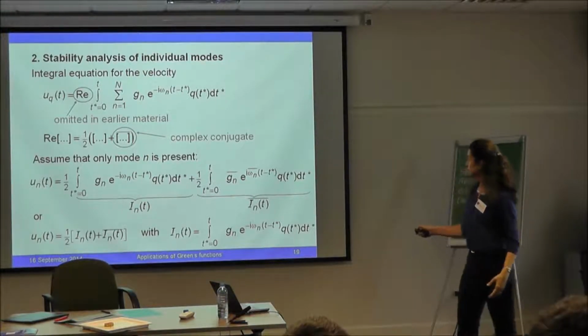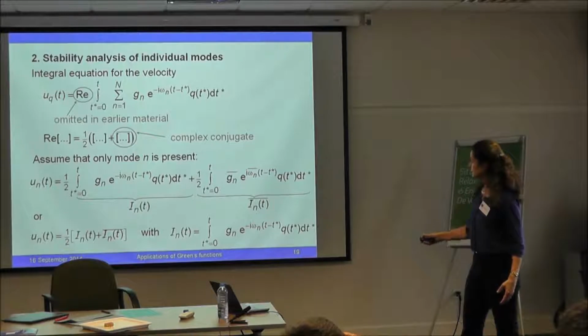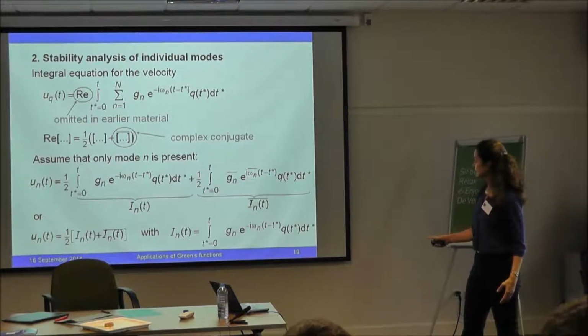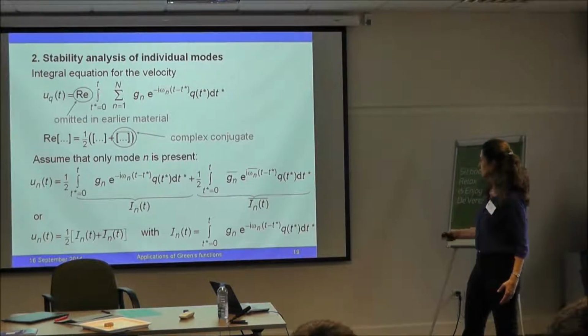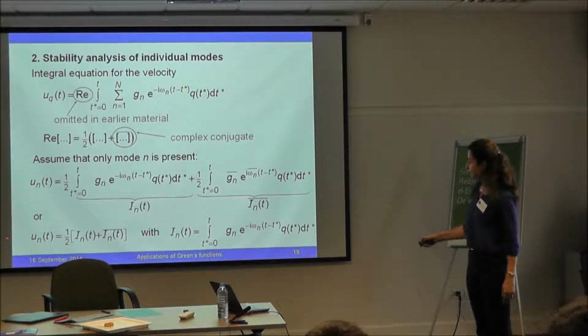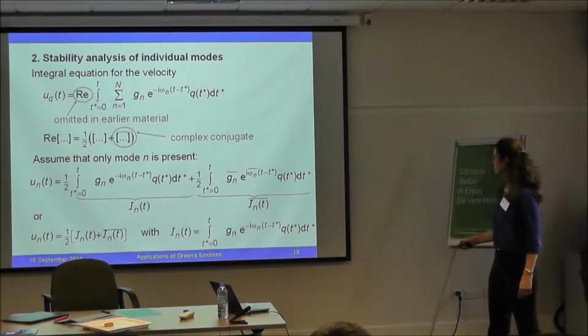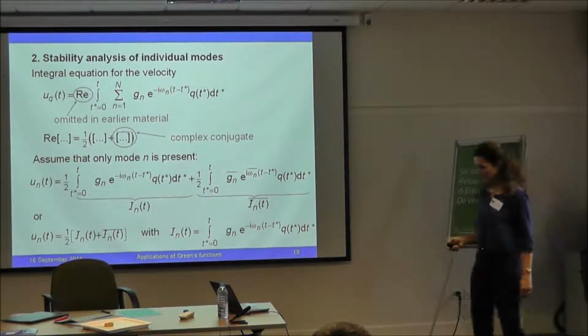And in that case, this equation becomes this. The two terms are because I've now split this real part into the actual complex number plus its complex conjugate. And I'm going to abbreviate these integrals. This is In, and this is the complex conjugate of In. So the equation for un can be very compactly written like that, where the In is given by this integral expression.